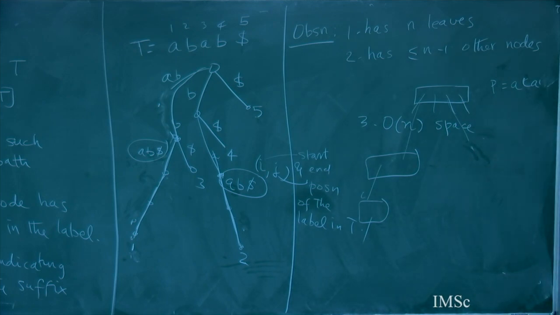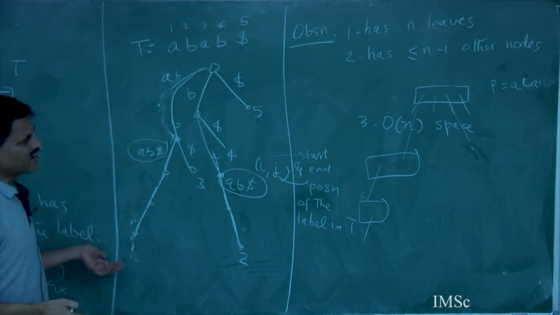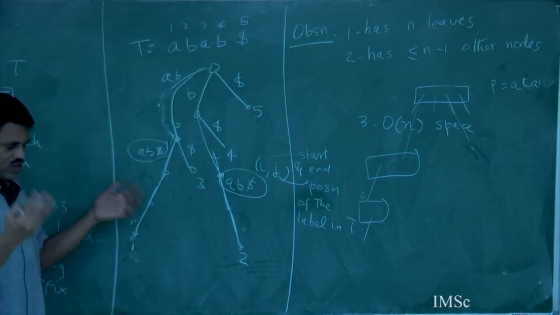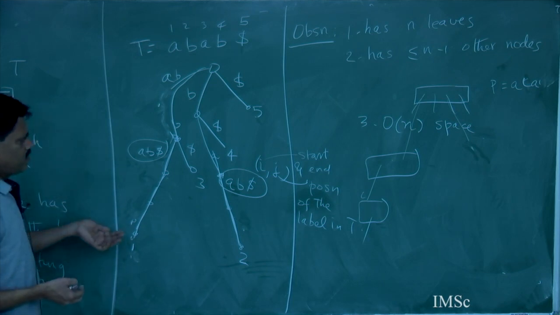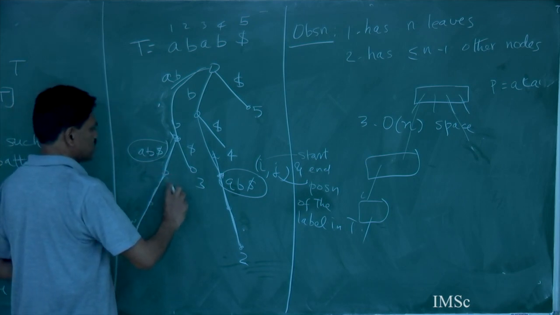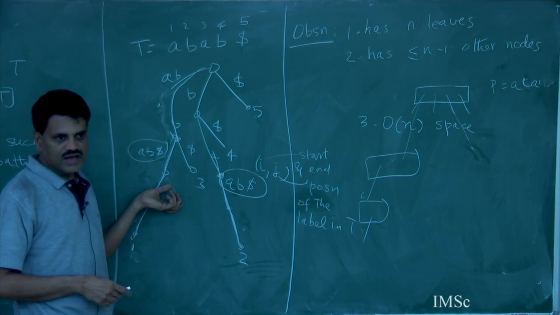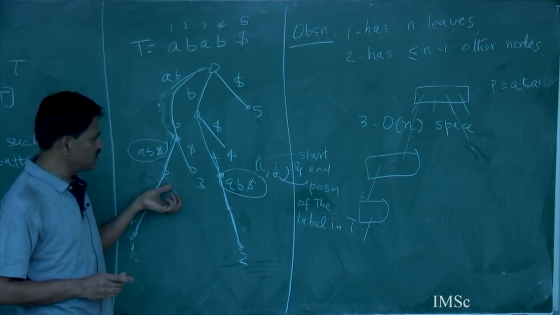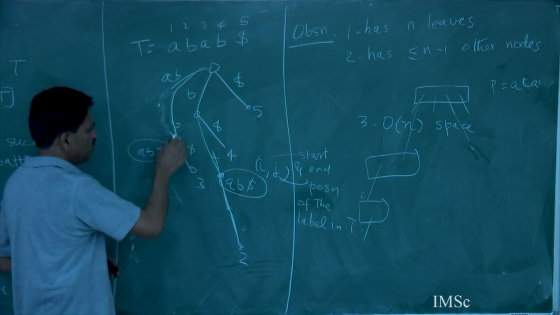Now your search may end in different ways. Either you come to an internal node and figure out that there is no edge with my next character, in which case the pattern does not exist, or I have matched either at a node or in between.